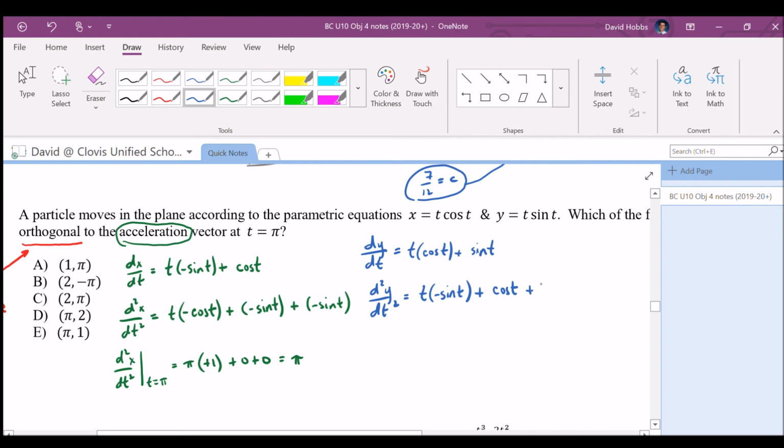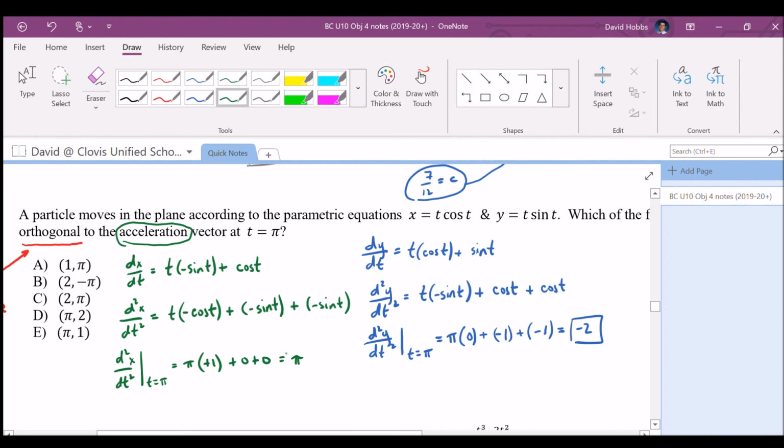And the derivative of sine t is cosine t. Okay, so evaluating that at t equals pi would be pi times sine of pi, which is 0, cosine pi is -1, and cosine pi is -1, so -2.